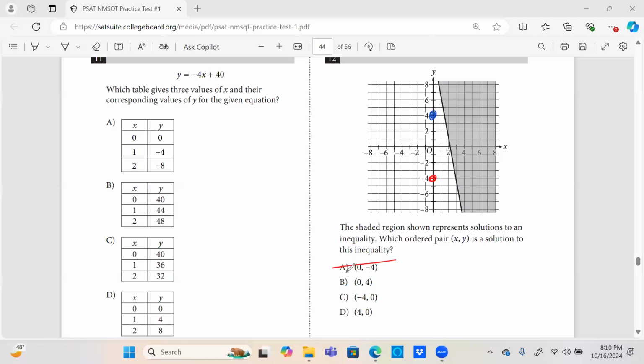Is that in the shading? No. -4, comma 0. Left 4, up nothing. Is that in the shaded? No. Over 4, up nothing. So right 4, up nothing. Is that in the shading? Yes. The only one of those choices that was in the shaded region, and the shaded is the answers, is D.